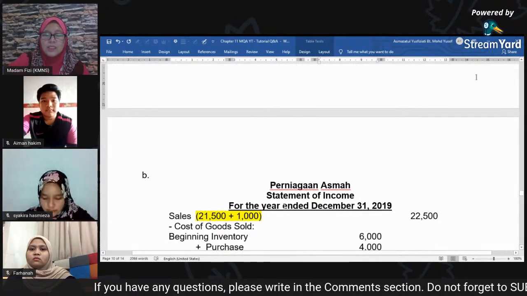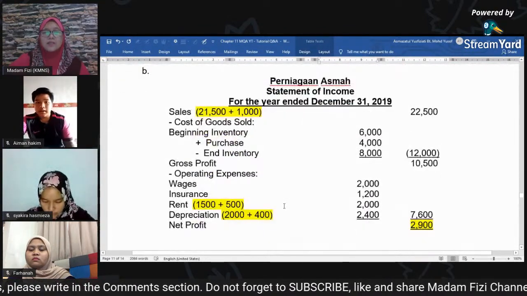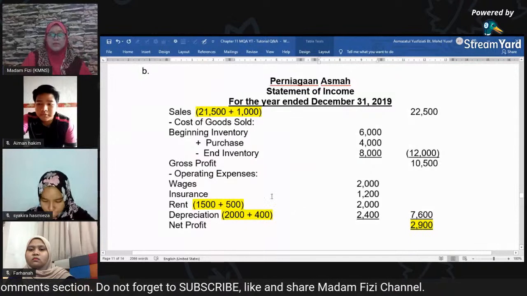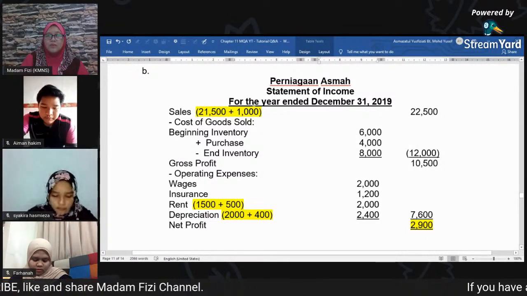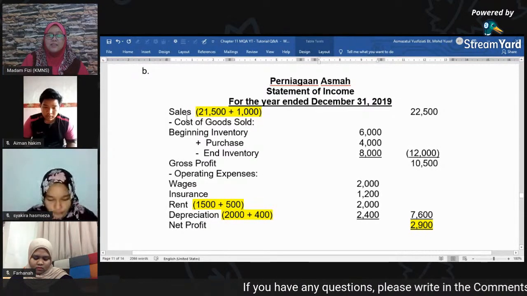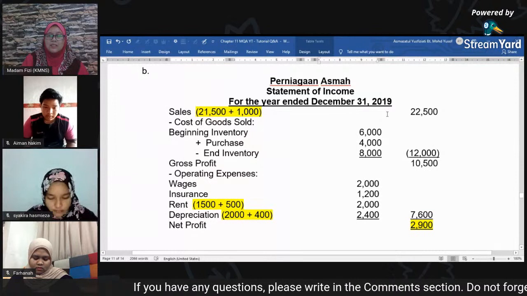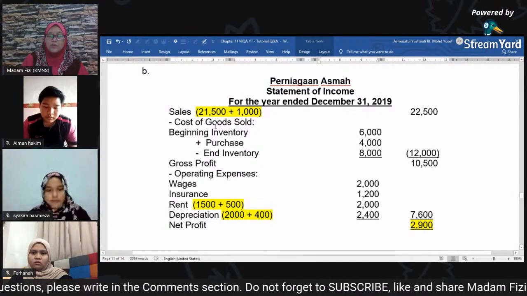Okay, now we prepare the statement of income. So we start with the title, Perniagaan Asma, Statement of Income for the year ended December 31st, 2019. Sales, we just calculated, is 22,500, minus cost of goods sold.